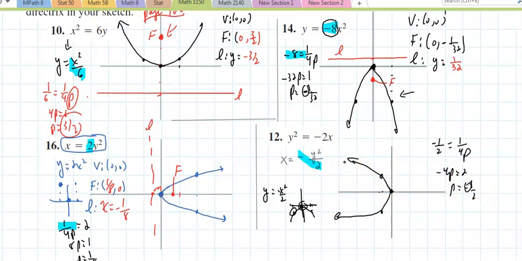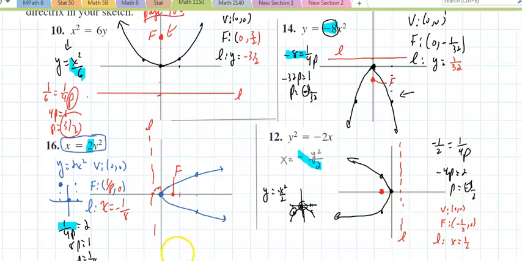I already drew that, but if I move half a unit right there, oh, I forgot to mention here, the vertex is at 0, 0, and the focus is at negative 1/2, 0, and the equation for the line, if we move half a unit to the right, wouldn't that be x equals positive 1/2? And there it is.